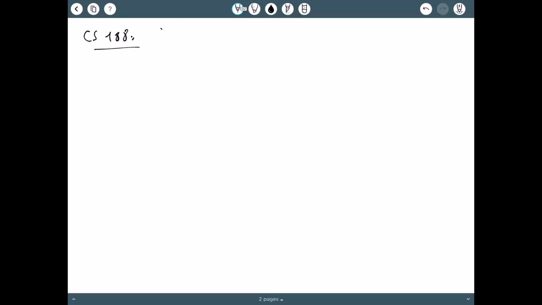So today we're going to talk about MDPs, and we are going to show how these become very interesting when we consider them in the context of reinforcement learning. So previously on MDPs, we assumed that we knew several things.